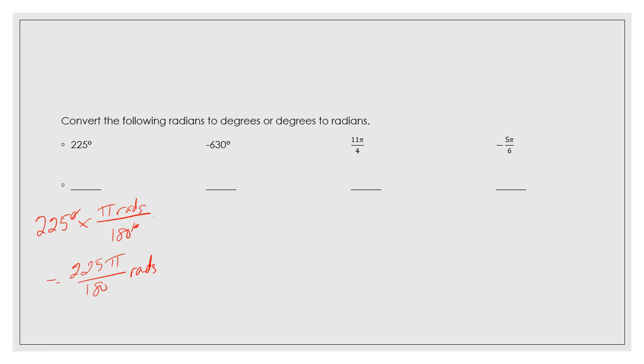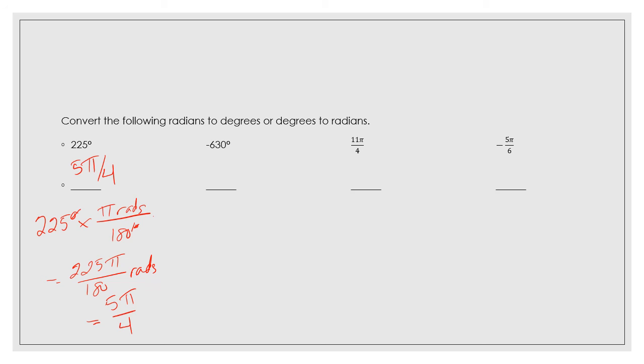So 225 divided by 180, we have a common factor of 45. And so the smallest that I can get is 5 pi over 4.